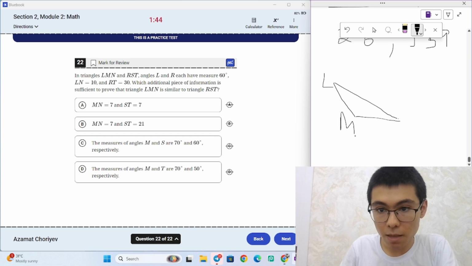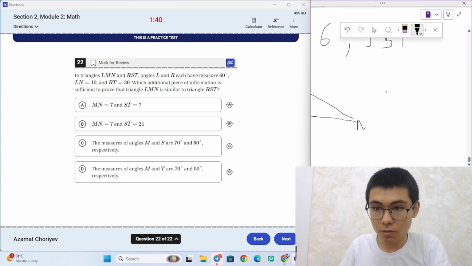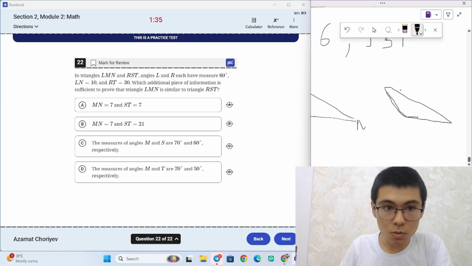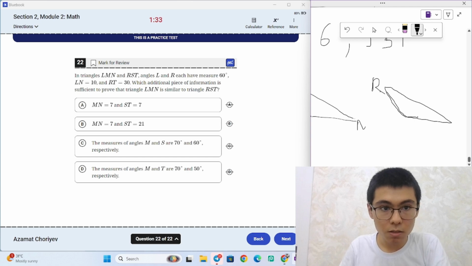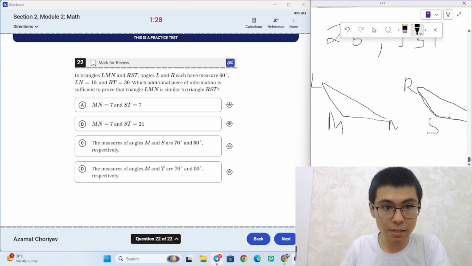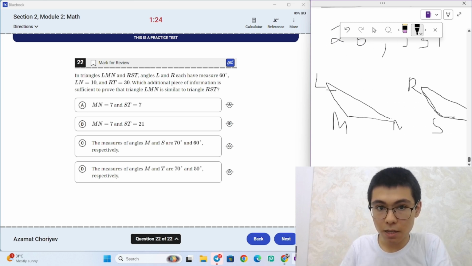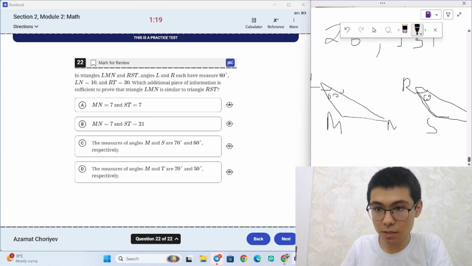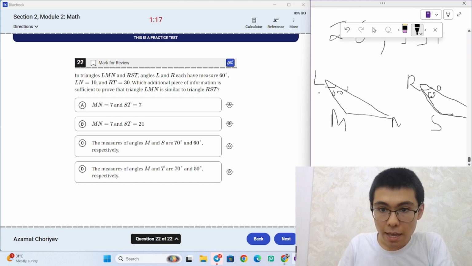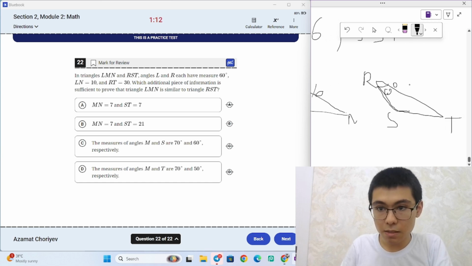L, M, N. And this one is R, S, T. Make sure that these match. So L and R have 60 degrees. This one is also 60. LN is 10 and RT is 30.